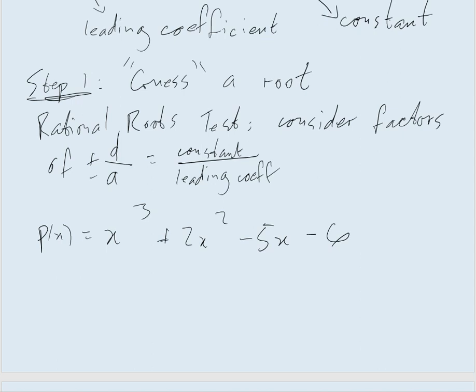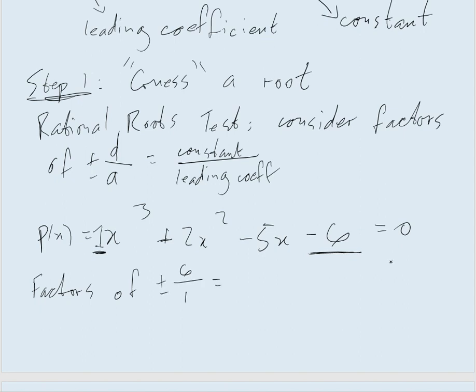If we set p of x equal to 0, our constant is negative 6, and our leading coefficient here is 1. So we should consider factors of 6 over 1, plus or minus because we're going to consider both.